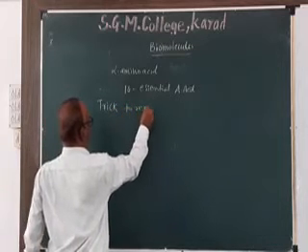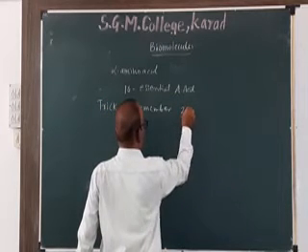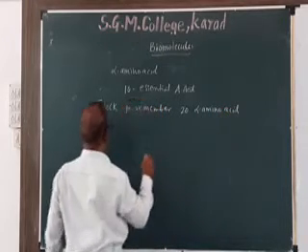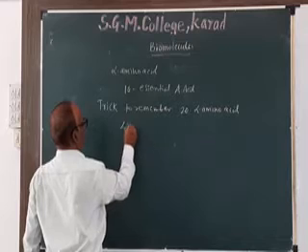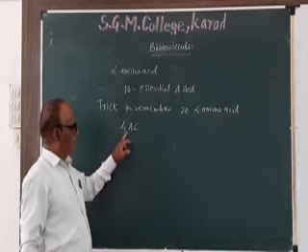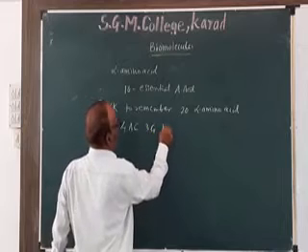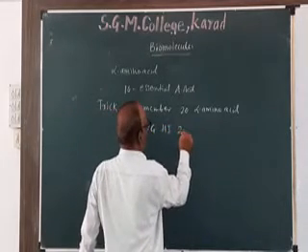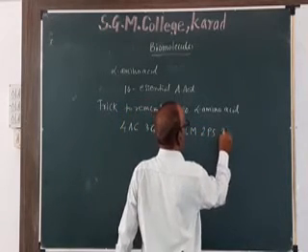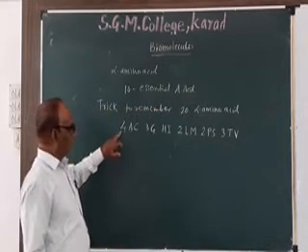What is the trick? You write here: 4A, first letter of the amino acids, then C, then 3G, H, I, 2L, M, 2P, S, 3T, V. So there are a total of 20 alpha amino acids.